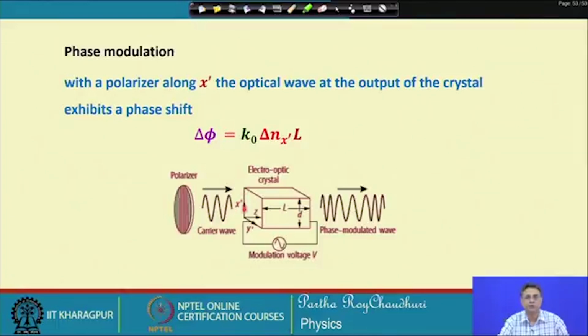So, the phase will be modulated from the base value corresponding to n 0 to the new value, which depends on the applied electric field. There is no change in the direction of anything; it is only this polarized light, and only the phase is modulated, because the refractive index is modulated from n 0 to the new value n x dash.